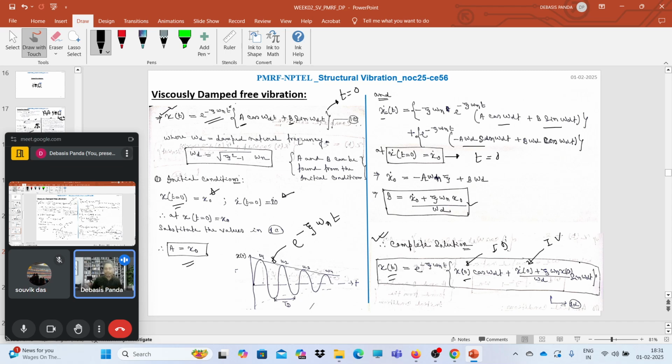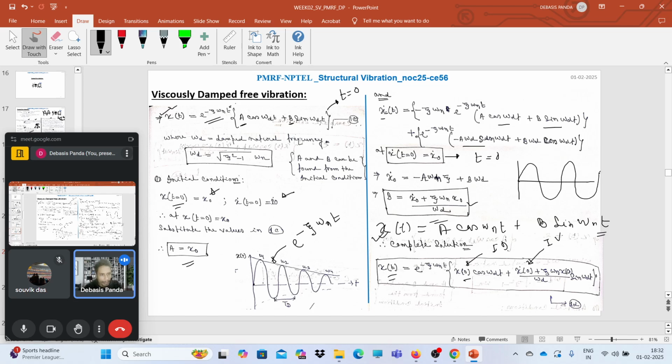For the undamped free vibration case, the general solution for the displacement was x(t) equals A cos omega n t plus B sin omega n t. There was no exponentially decaying term. That means if damping is not present, as we have already discussed, the amplitude of motion will not get reduced.